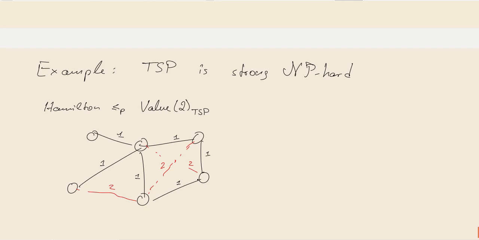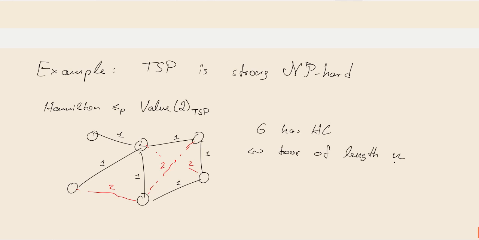If the original graph had a Hamiltonian cycle, it of course only used 1 edges because there are only 1 edges. So the total cost of a Hamiltonian cycle would be just n, the number of nodes. If it has a Hamiltonian cycle, then there's a tour of length exactly n. And this is actually an if and only if, because every tour of length n that uses n hops can only use edges of weight 1.